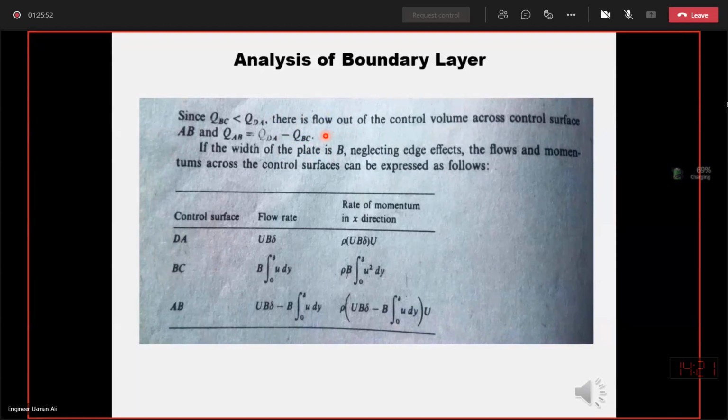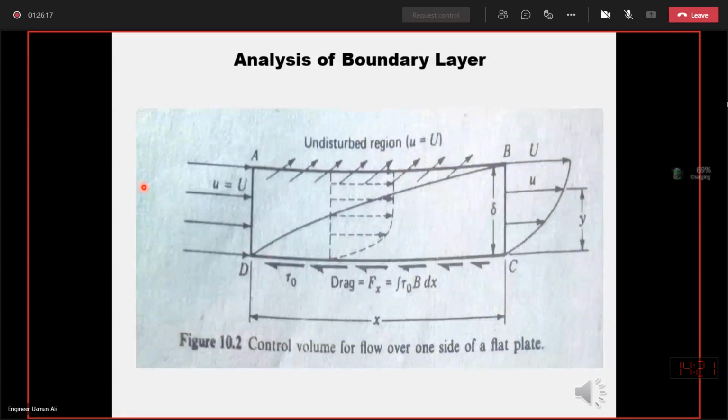Now if the width of the plate is B, neglecting the edge effects, frictional edge effects etc., the flow and momentum across the control surface can be expressed as follows. We have three surfaces along which flow is either entering or leaving this control volume.